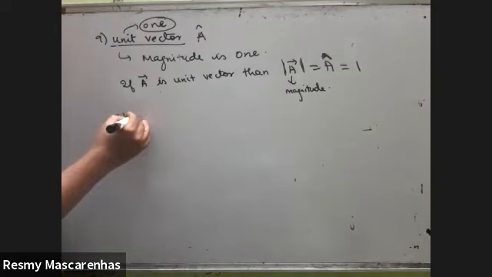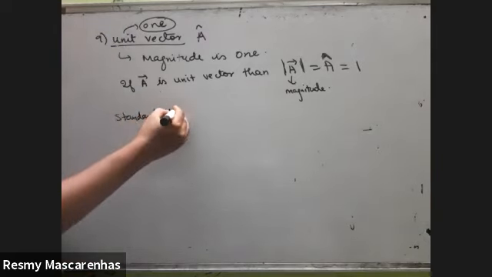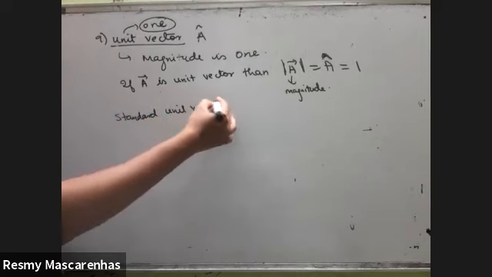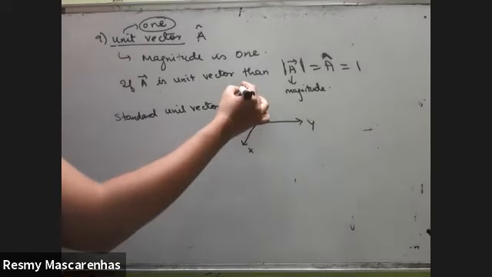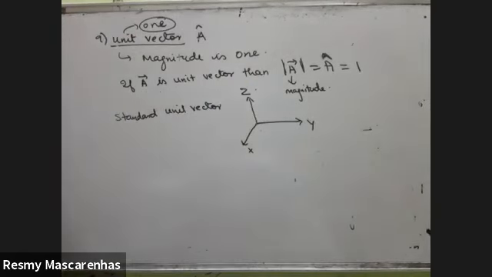And which are the standard unit vectors which we have known? Does anybody remember standard unit vectors? Three letters I told you. Along x-axis there should be one vector, along y-axis and along z-axis. Which are those? Something with I cap.